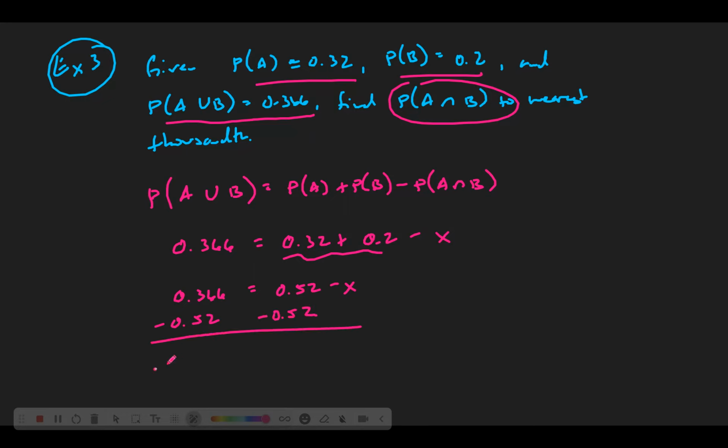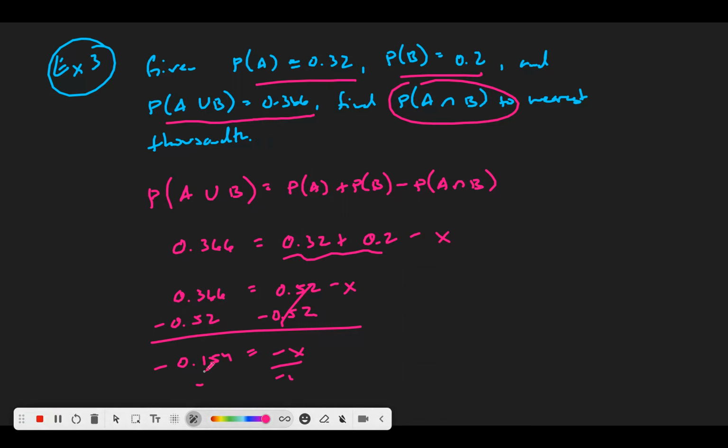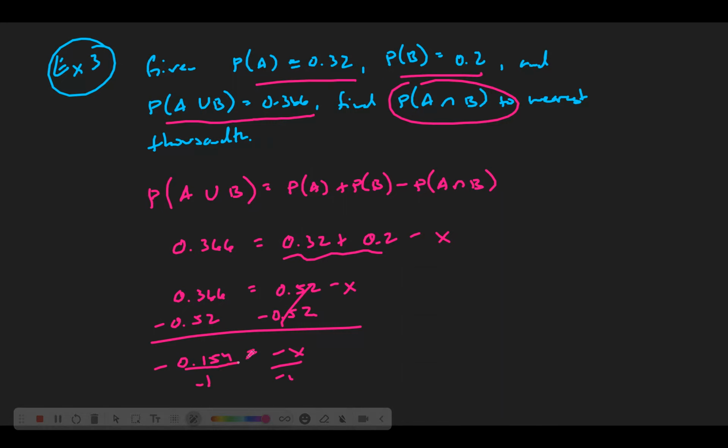When you do that, you get negative 0.154 equals negative X. And then divide by that negative 1 that's in front of that X. When you divide by negative 1, you get an X value of positive 0.154. That is to the nearest thousandth because that's 3 decimal places. So in this problem, the probability of A and B is 0.154. So just using the formula and doing some algebra to it.